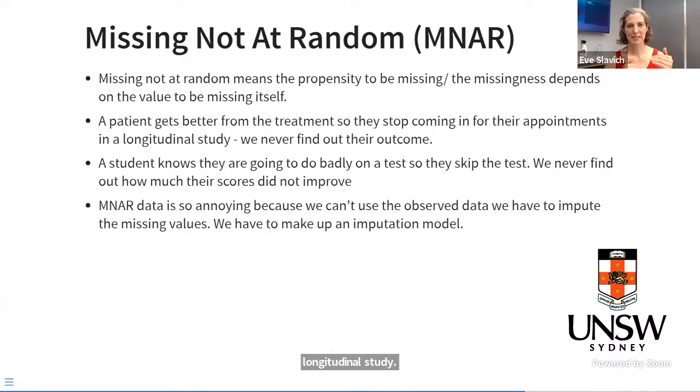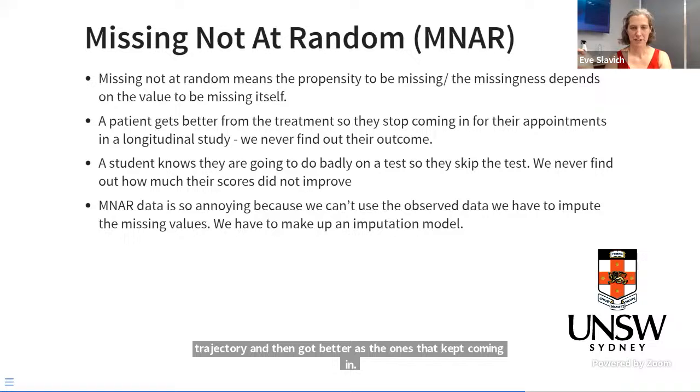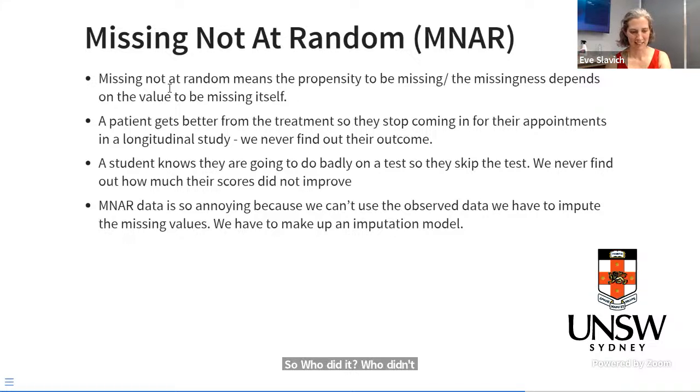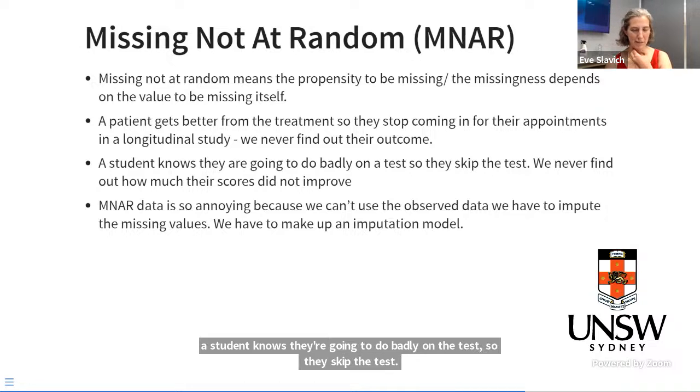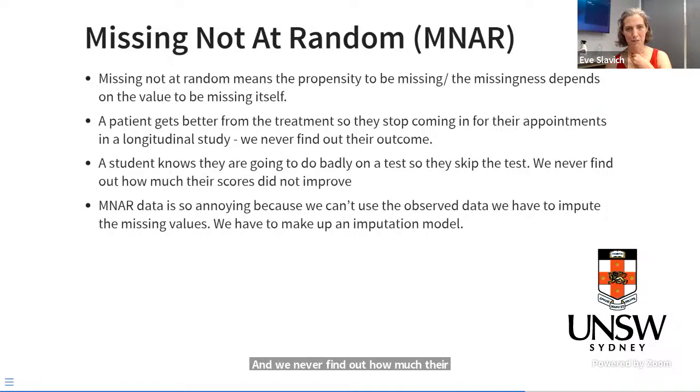So the patients that didn't come in might have had the same trajectory and then got better as the ones that kept coming in. So who didn't get better? Another example is a student knows they're going to do badly on the test, so they skip the test, and we never find out how much their scores did not improve.